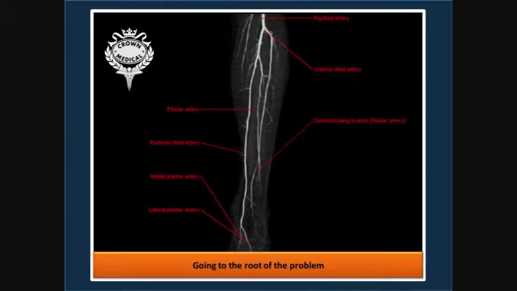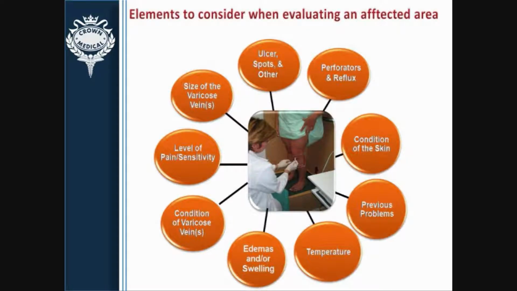Together with the anatomy of your veins, we also consider many other factors such as the condition of your skin, ulcer formation, thrombus, temperature, inflammation, edema, and more. We look at the vein problem in general and not as an isolated condition.